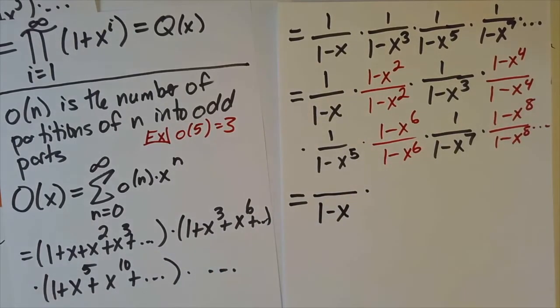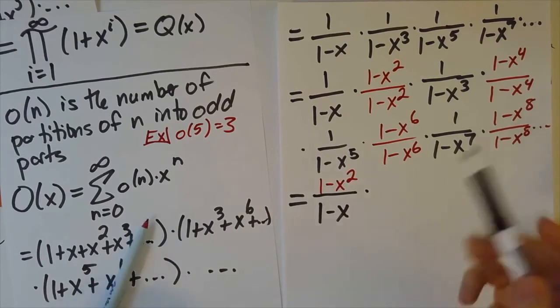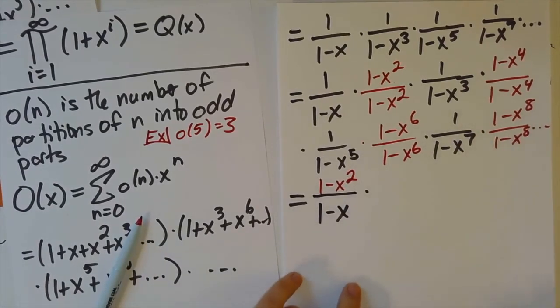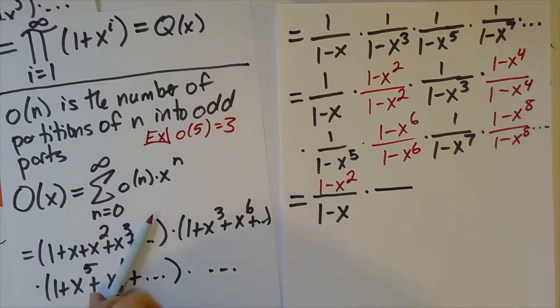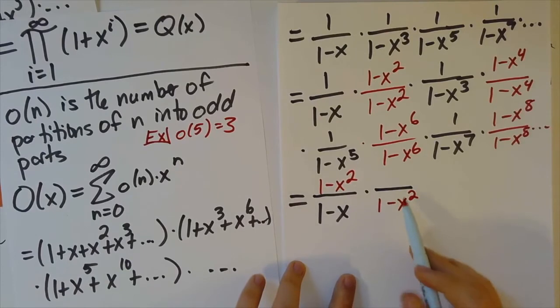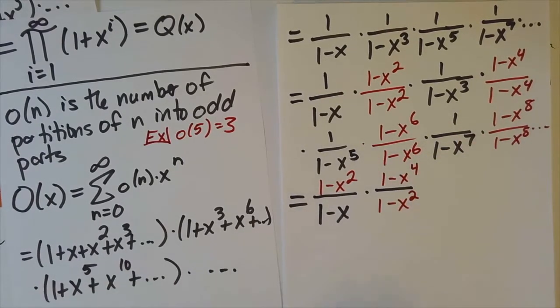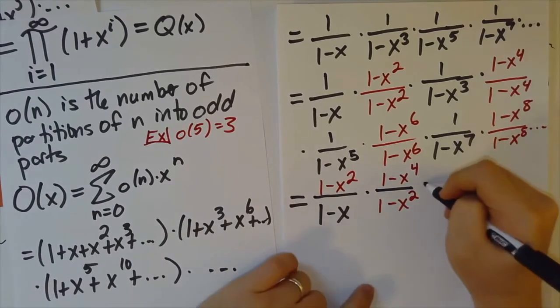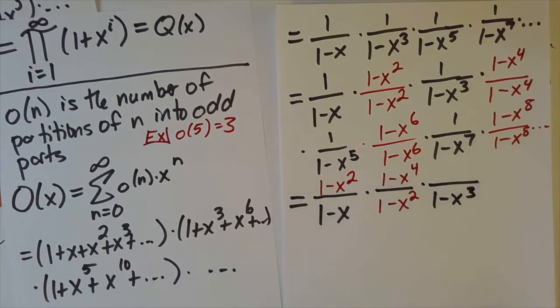And so if I continue now, there's a 1 minus x squared here times, and so my next denominator here is a 1 minus x squared. And what is my next numerator? My next numerator is a 1 minus x to the 4th times, and so my next denominator here is a 1 minus x cubed.